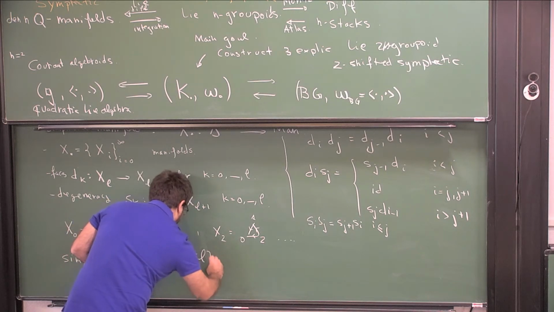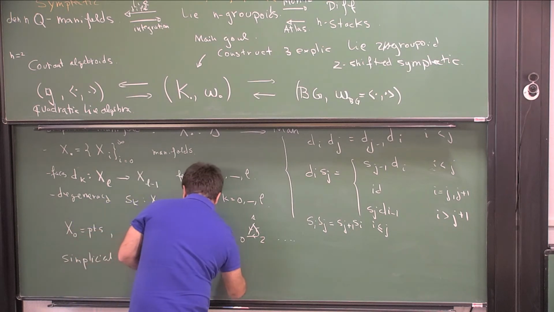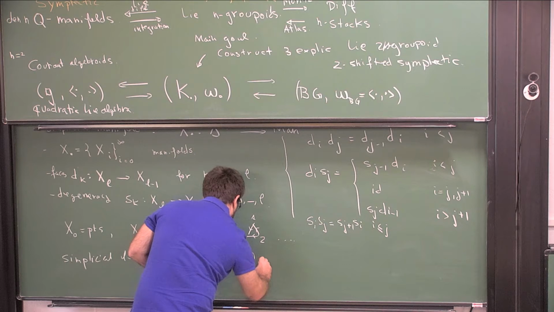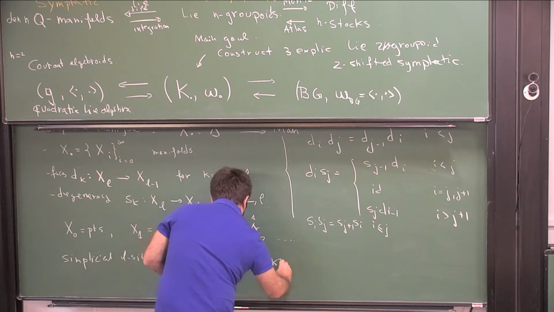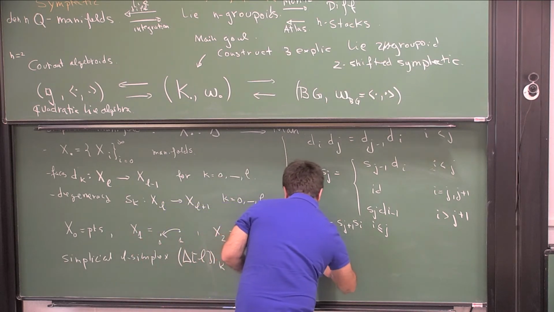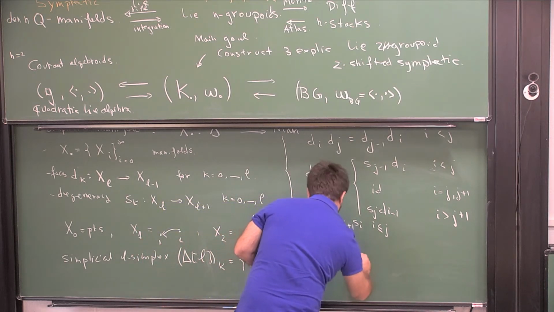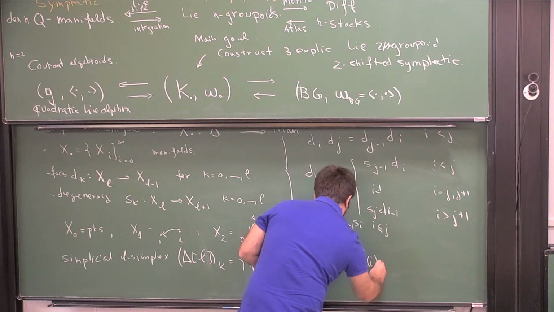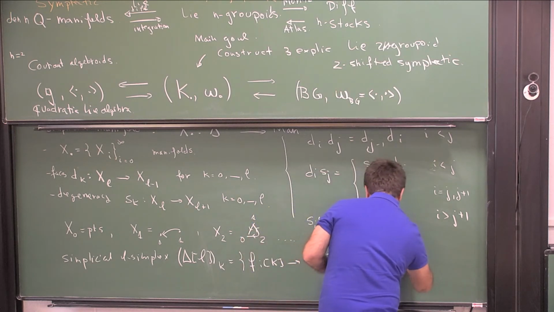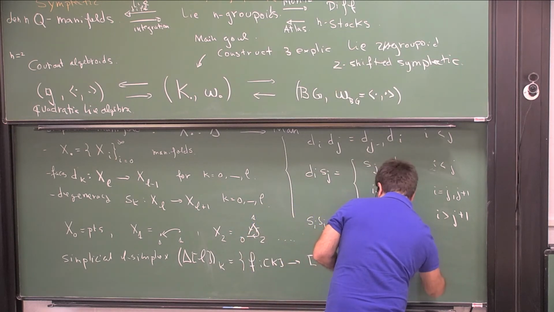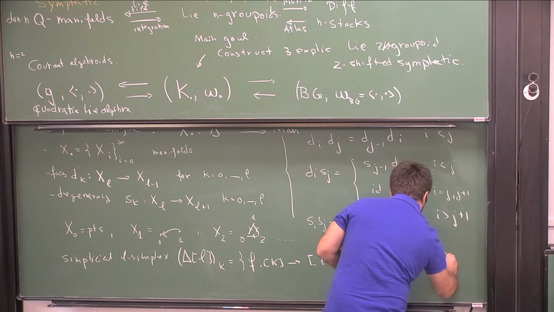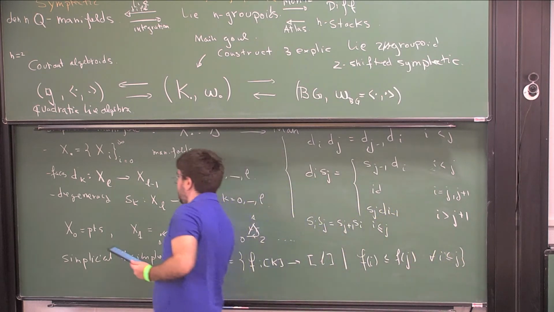It is denoted by this, and these are maps from j to l such that f(i) is less than or equal to f(j). And the other is the horn.